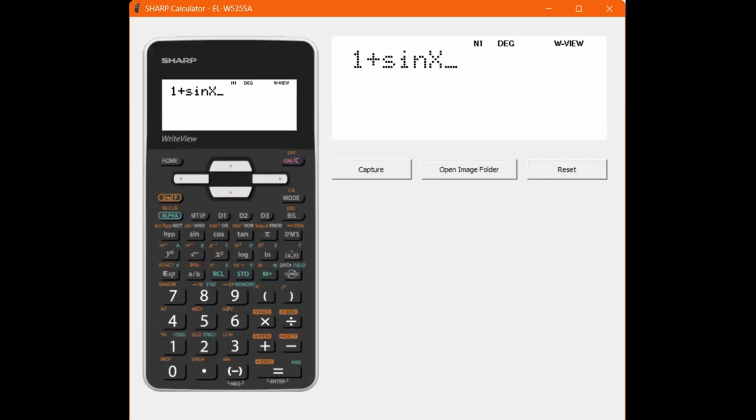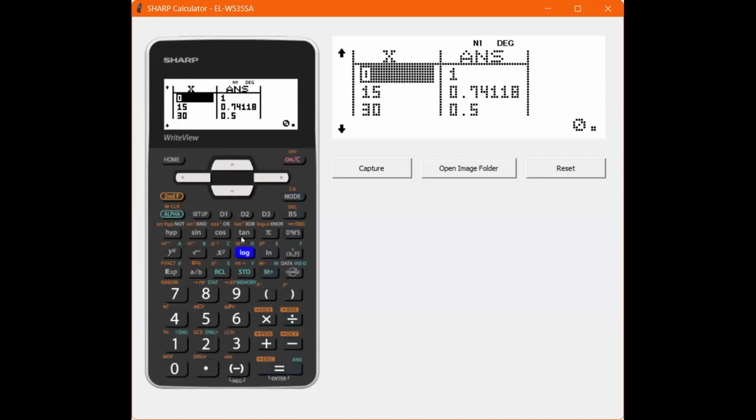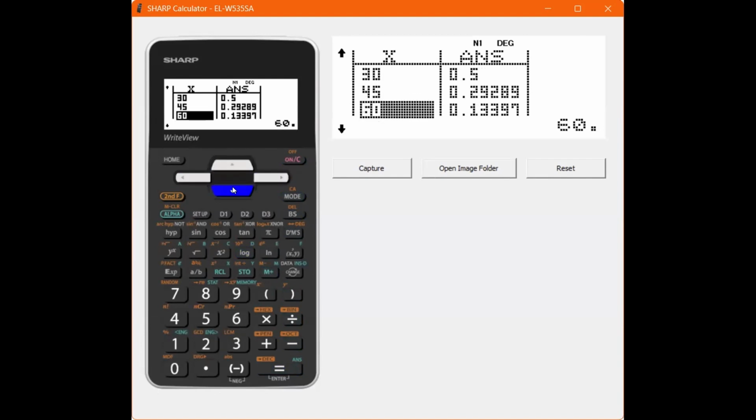And I've already got 1 plus, so I'm going to be super lazy and just delete the plus and change it into a minus, equals, equals, equals, equals. And now I'm looking for the minimum, the smallest possible value. So between 0 and 360, what is my smallest possible value? So let's go look. It's getting smaller, smaller, smaller, smaller, 0.